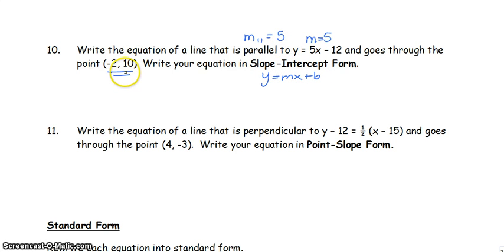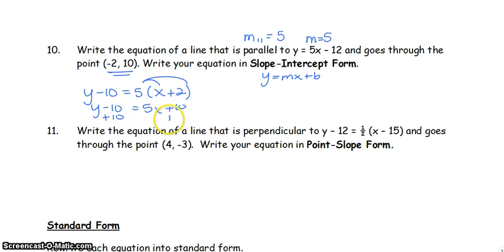We look at our point, that is not the y-intercept. So we start in point-slope form: y minus 10 equals our slope of 5 times x minus a negative 2, which is x plus 2. Distribute the 5: y minus 10 is equal to 5x plus 10. Add your 10 over, and we've got y is equal to 5x plus 20.